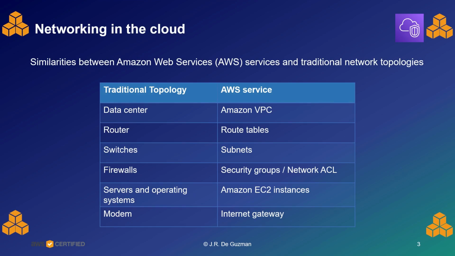One that you might be familiar with is called a modem, where an ISP provides internet to your home. A VPC on AWS and its services receives internet only through an internet gateway. Later on we will talk about the functions of our internet gateway.